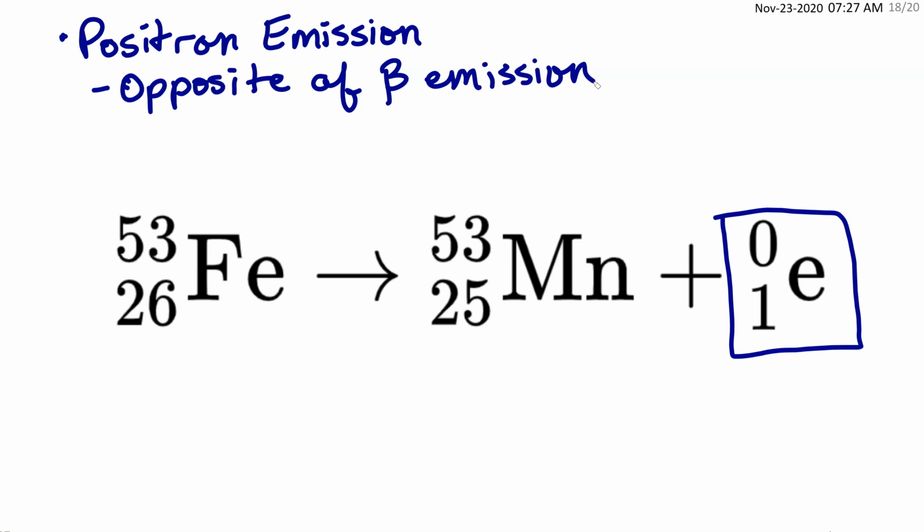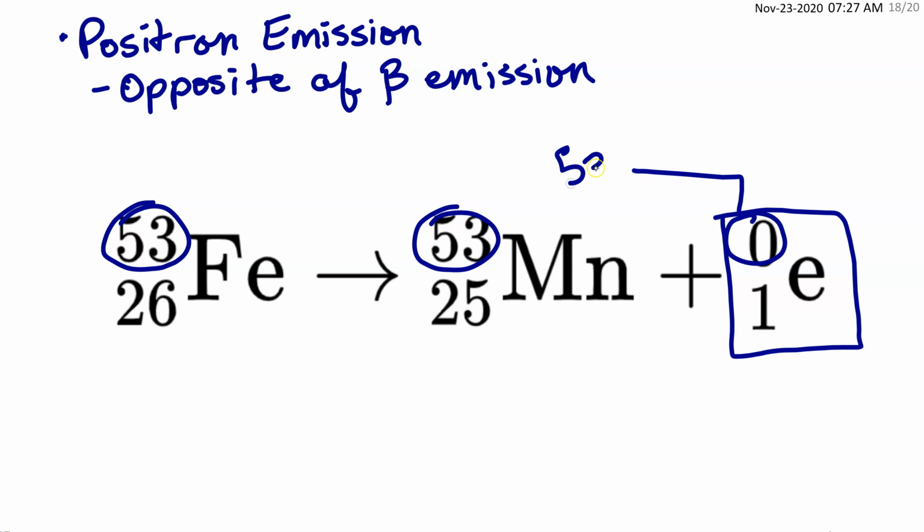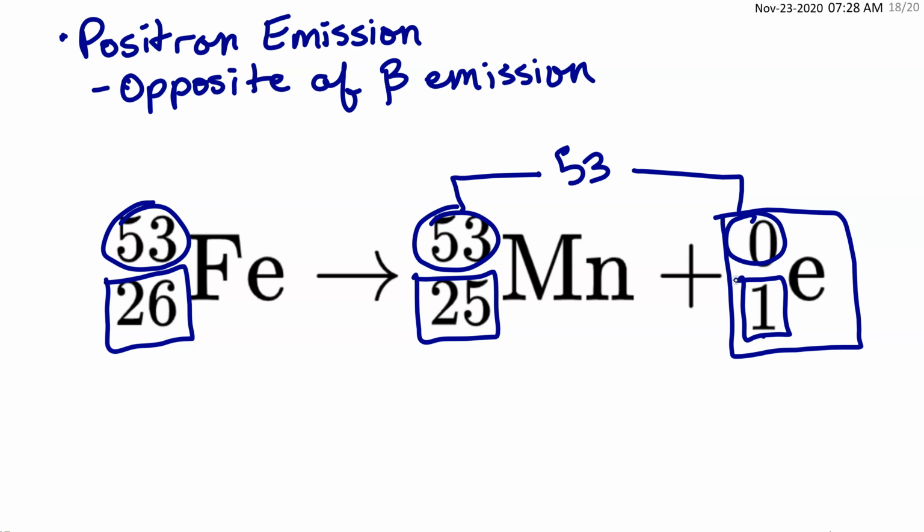In this case, the mass numbers still add up to the same on both sides. The atomic numbers add up to the same on both sides. However, the identity of the element changes.